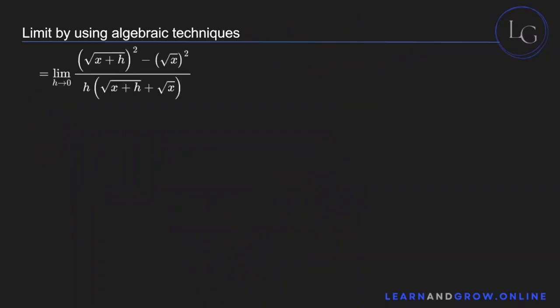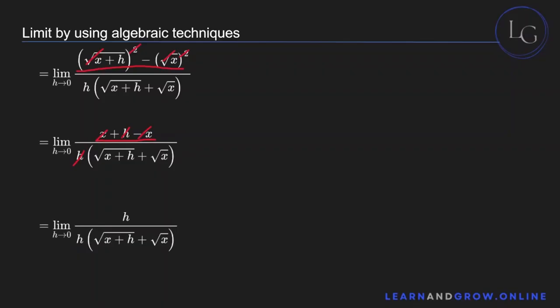Now, once you have this, you must simplify the numerator, okay? And obviously you can cancel out this under root sign with this 2. You can cancel out this under root sign with this 2 as well. And you're just left with this. And this x can be cancelled with this negative x. And eventually you're just left with this h, which will be cancelled out with the h in the denominator.